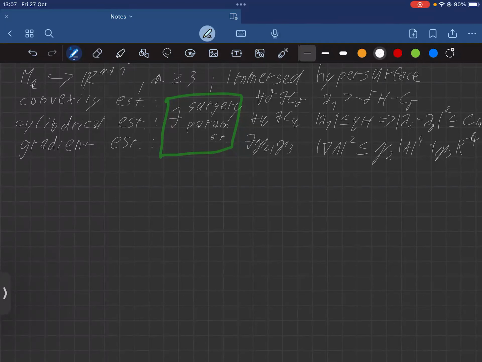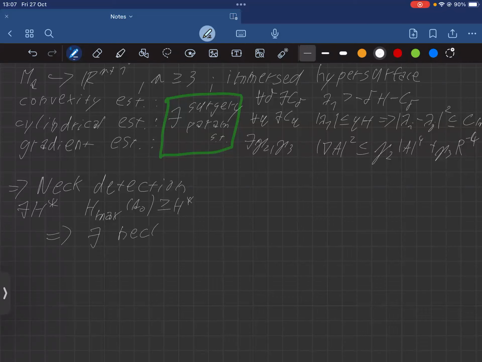So given these estimates, we can actually prove something called the neck detection lemma, which very roughly says that there exists some bound on our mean curvature such that whenever the maximum mean curvature, let's say at time t0, hits our threshold H star, then there exists a neck.